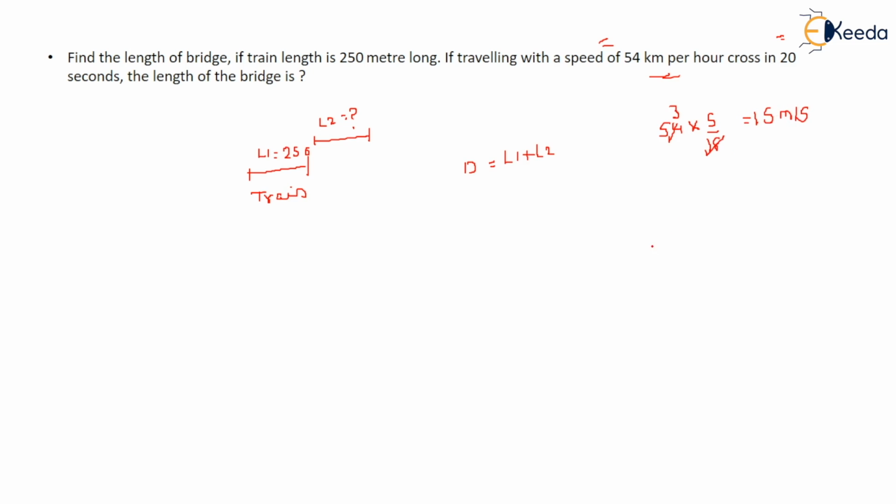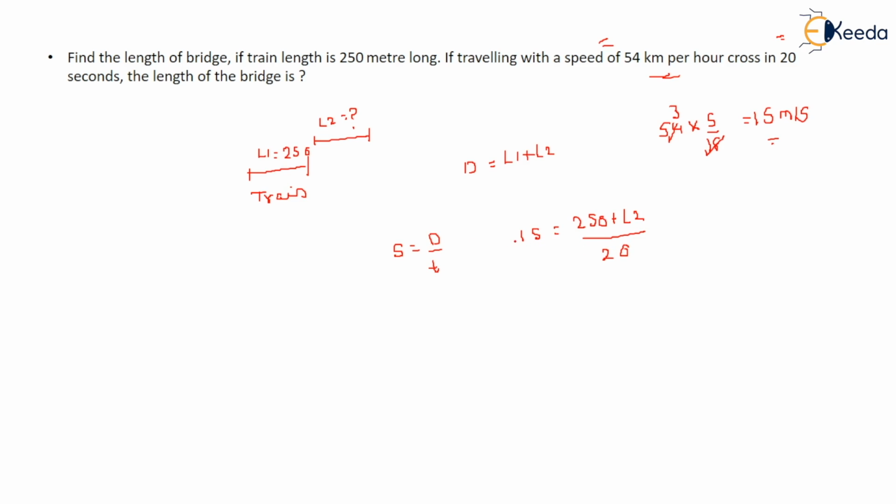So you know the speed now, and you have to cover the distance. So speed equals distance upon time. Distance you have to calculate of a bridge, right? So here 15 equals 250 plus length of bridge, that is unknown to us, upon the total time it took. How many seconds it took? 20 seconds.